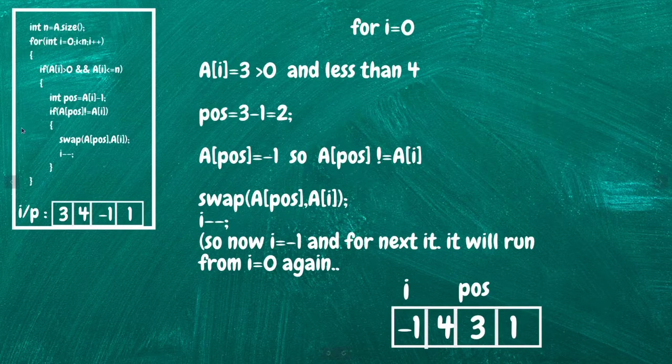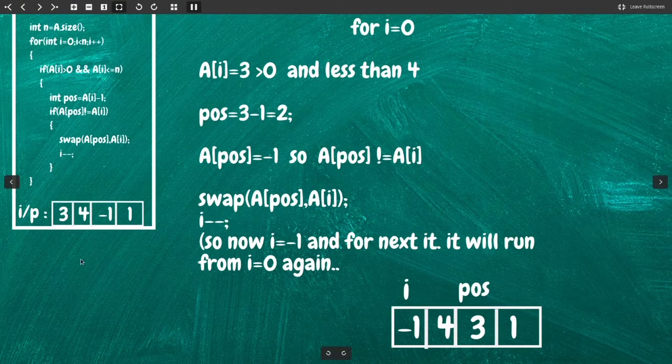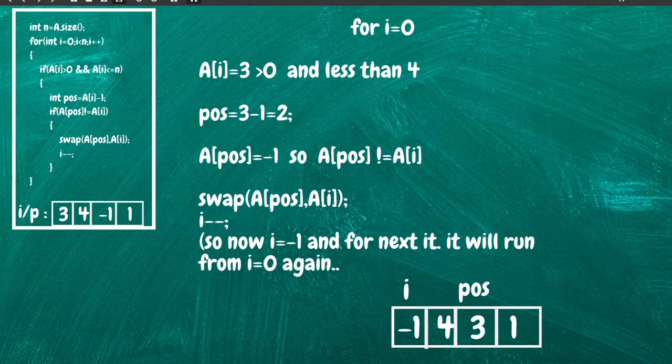Now this is our code, and this is the input array. Let's start with i equals 0. First, a[i] is 3 here, which is greater than 0 and lesser than or equal to 4.